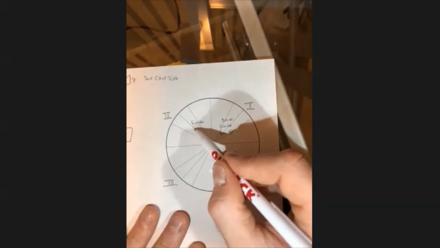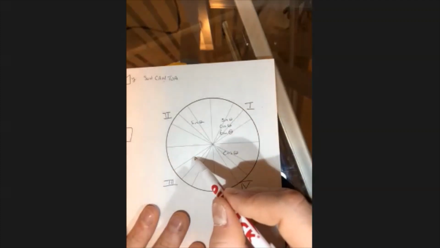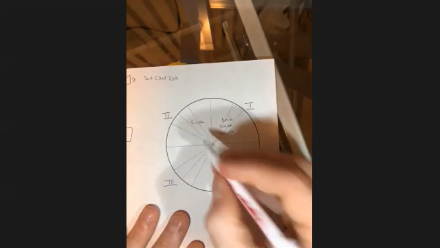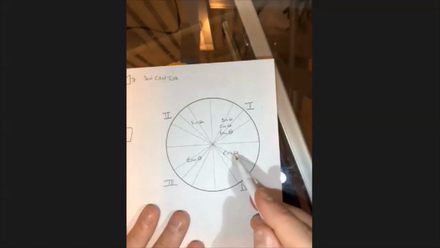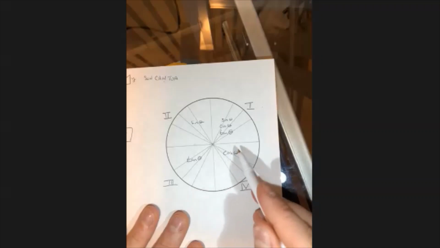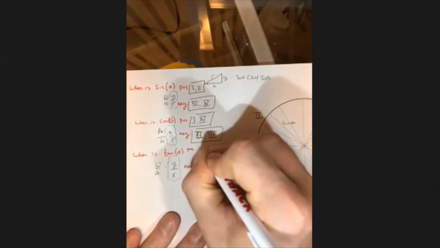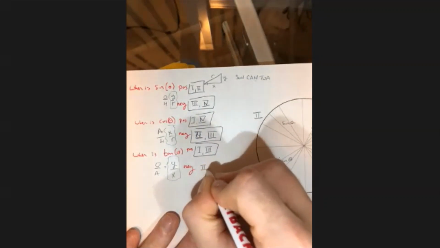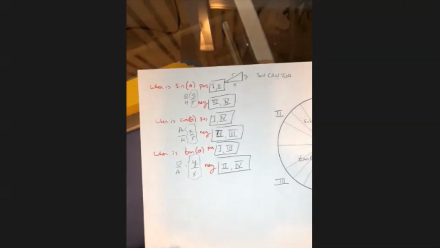Negative x and positive y. No. Negative x, negative y. Yes, a negative divided by negative is positive. Positive x, negative y. No. So my tangent is positive in 1 and 3, which means it must be negative in 2 and 4. And so that is the last thing that we're going to be looking at, is when can we check our work.